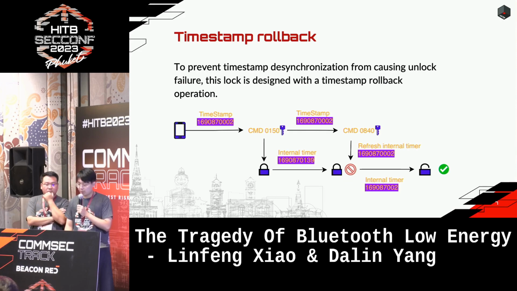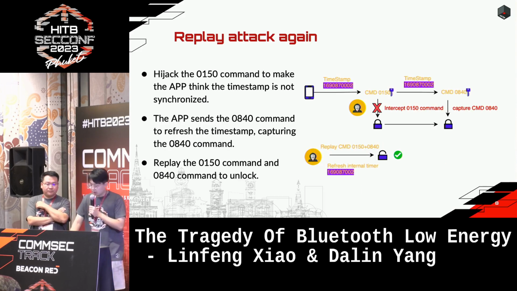After packet capture analysis, I knew the reason. If the door lock timestamp is wrong, the phone will send an 0840 command to refresh the door lock timestamp, so that the timestamps of both sides become synchronized again. So the replay attacks are revived now.